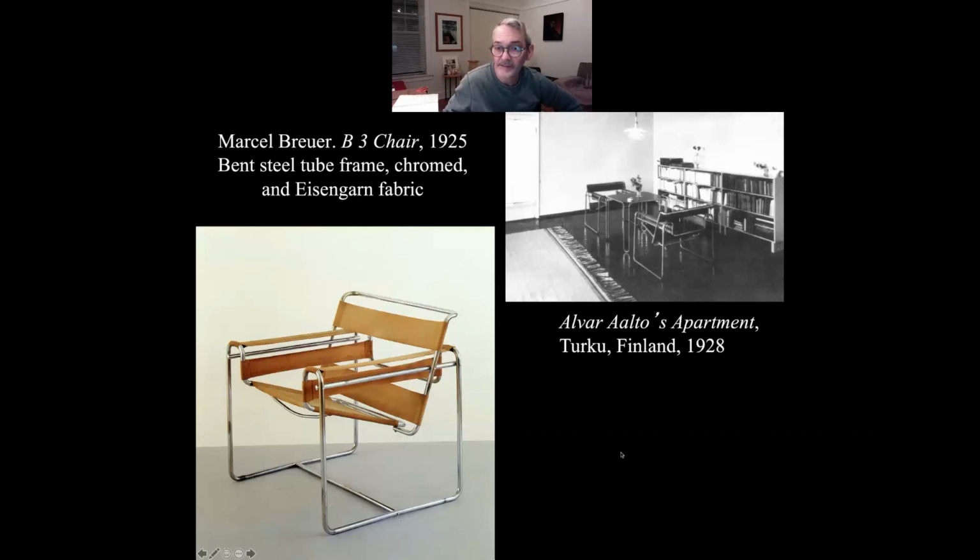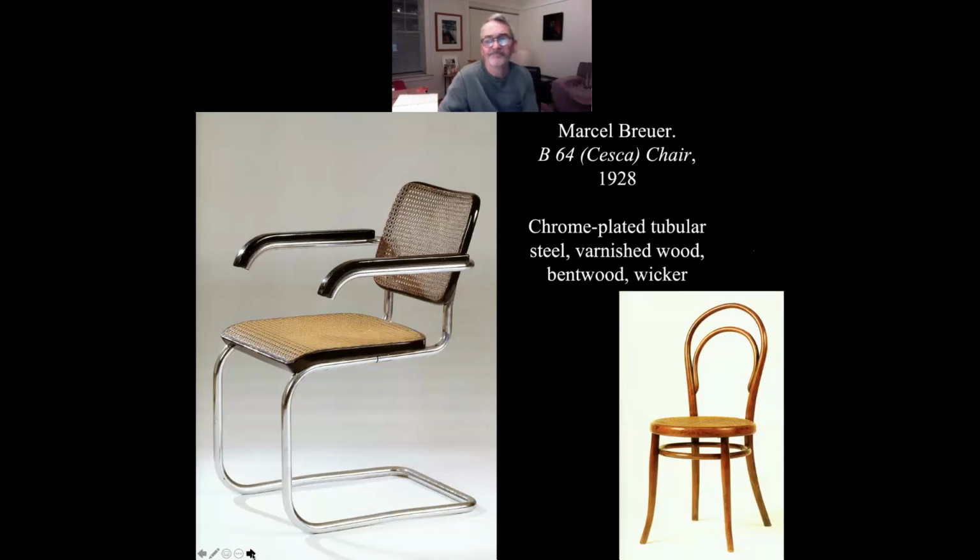Here in the Finnish designer Alvar Aalto's apartment, you see this Breuer chair. So the steel tube is this new thing. Breuer was one of the people that pioneered its use.